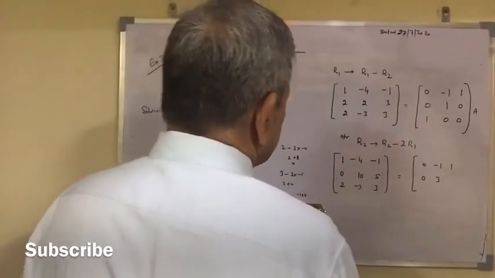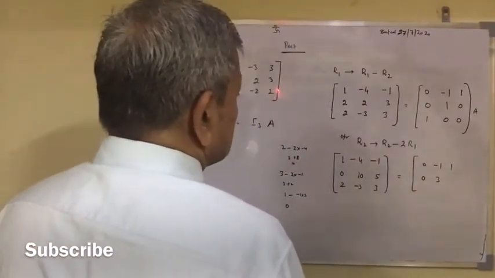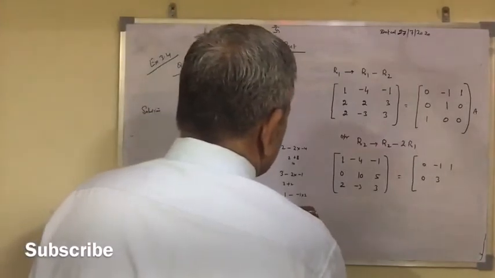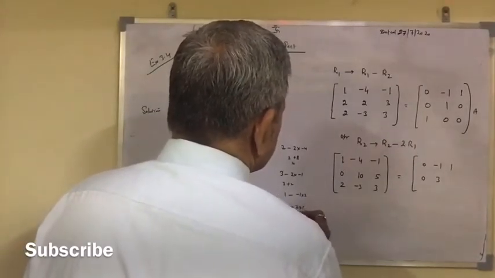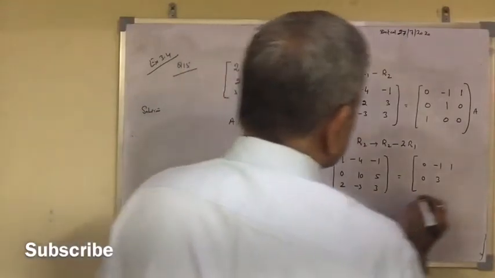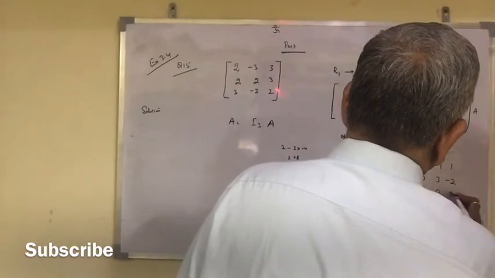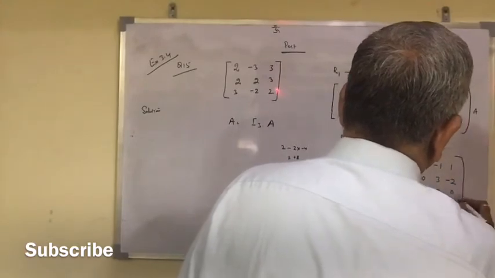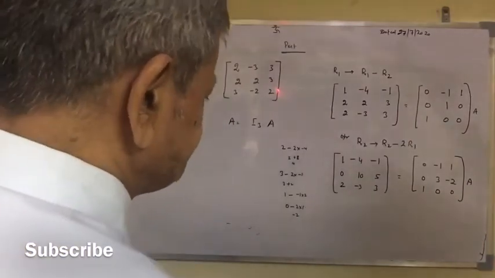So, your 0 is here, and minus 2 of R1 means 2 of 1. So, it gives you minus 2. So, here is minus 2, and you would get 1 0 0, the same way you are getting this part. So, continue with this one.